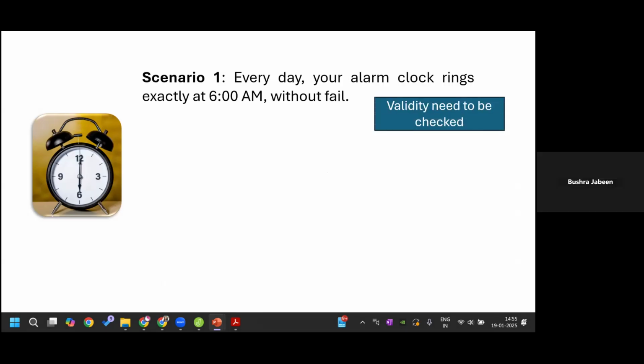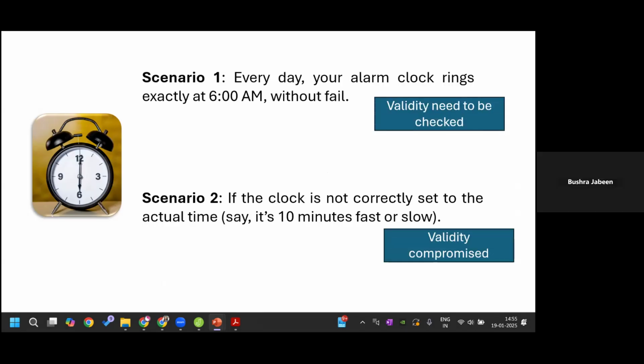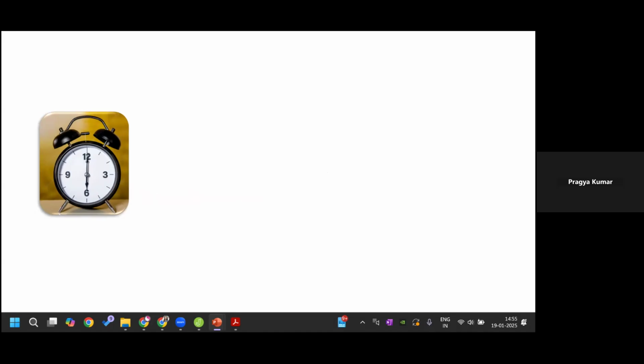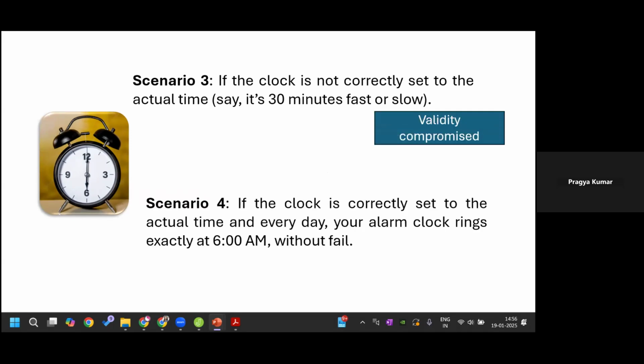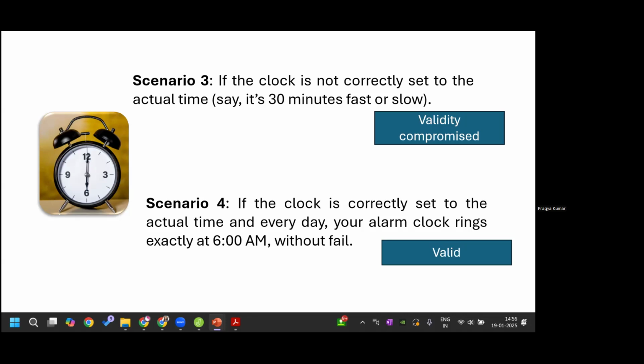In the second scenario, if the clock is not correctly set to the actual time, say it is 10 minutes fast or slow, then validity is compromised. In the third scenario, if it is 30 minutes fast or slow, then validity is severely compromised. But if the clock is correctly set to actual time and rings exactly at 6 o'clock every day without fail, then it is valid.